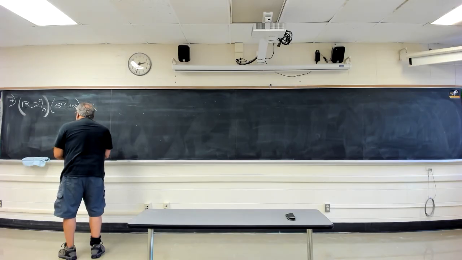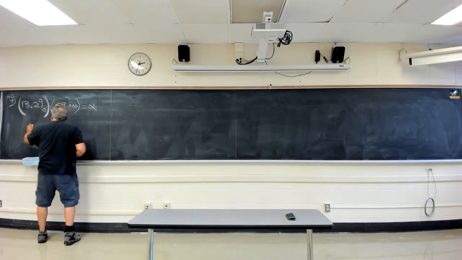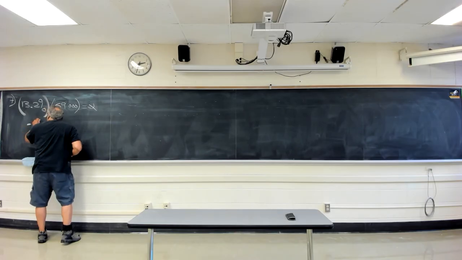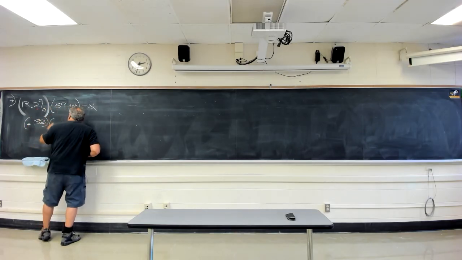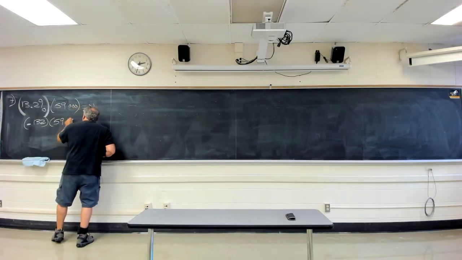When you do the mathematics, you're talking about 0.132, which is 13.2%, times 59,000.